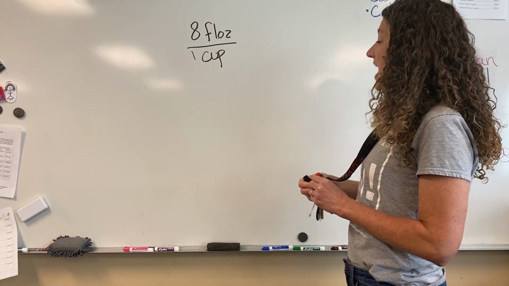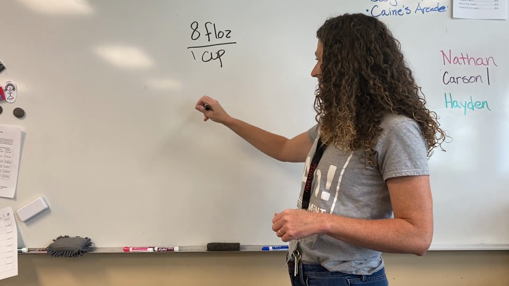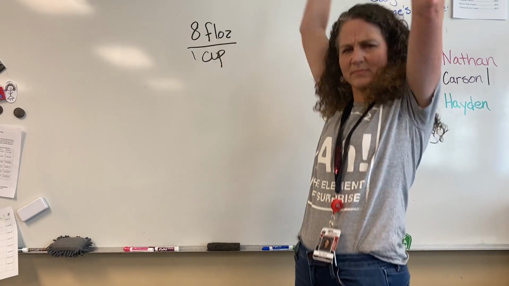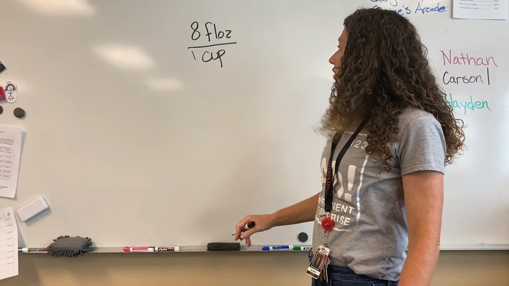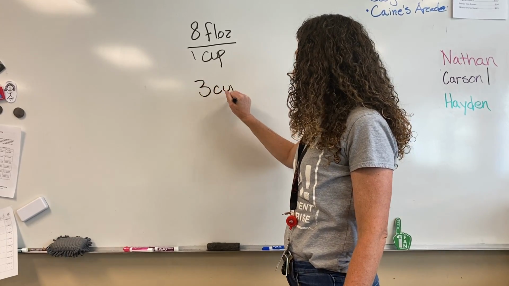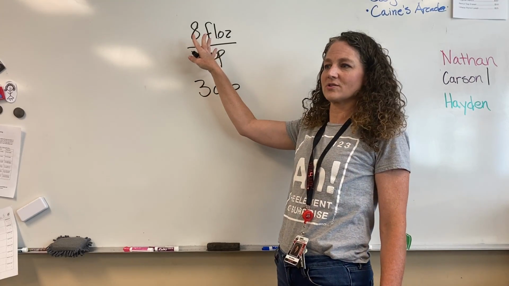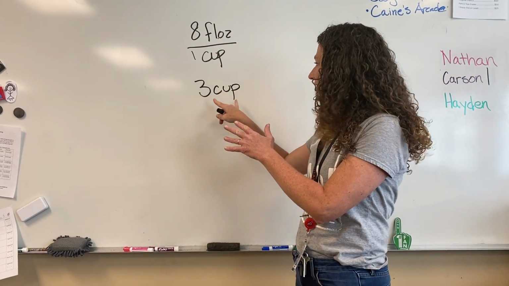So if we have 8 fluid ounces per cup, let's say I need to measure, give me a number. 3 cups. This is the first thing I popped in my mind, so I would have gone with the 400 fluid ounces, but we're gonna go with 3 cups.